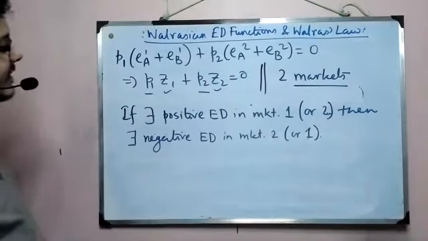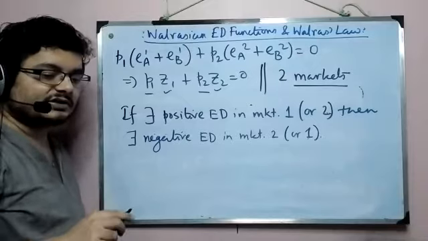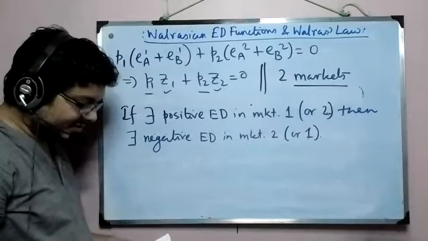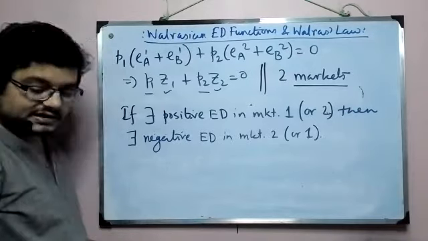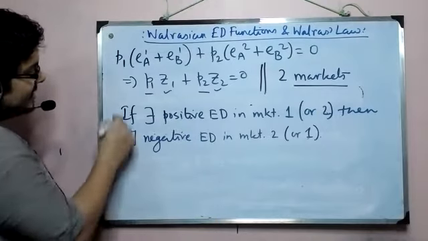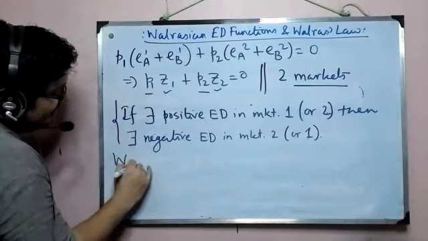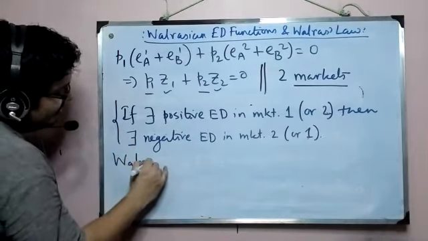And remember, in writing the budget constraint, we do not write the equilibrium prices, right? So what does it say? This result is specifically what is called Walras law. Okay, so let's say it a bit formally.